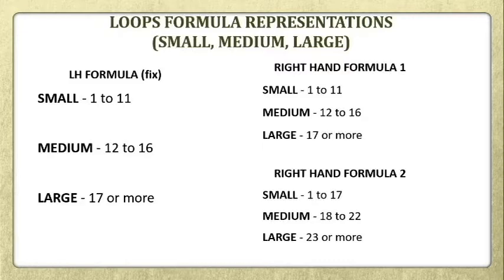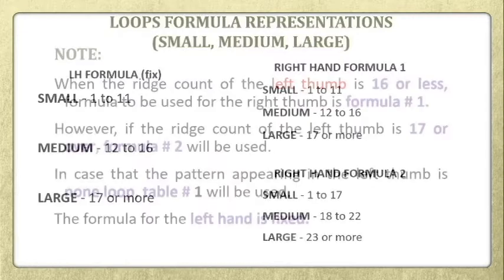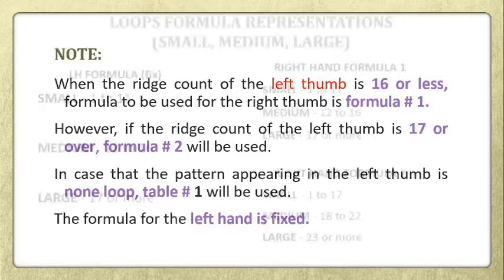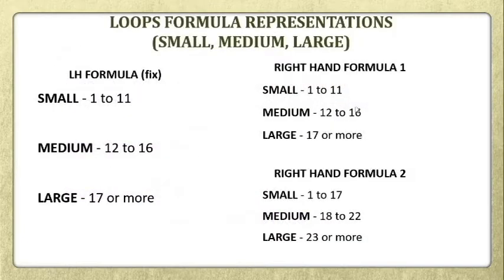Meaning to say, if the ridge count of the left thumb is 16 or less, the formula that we are going to use is formula 1. If the classification of the left thumb is medium for the loop pattern, we are going to use formula number 1.